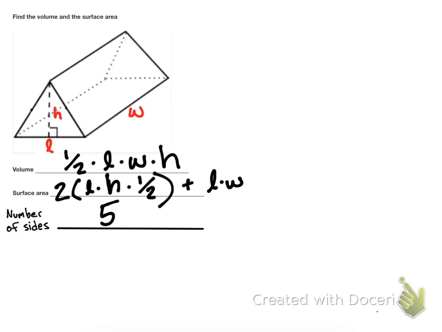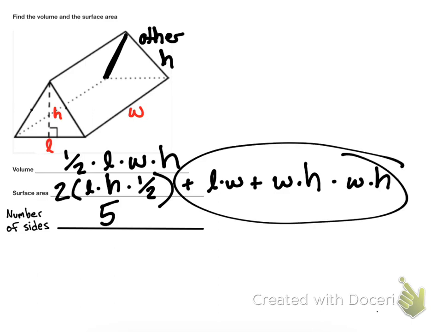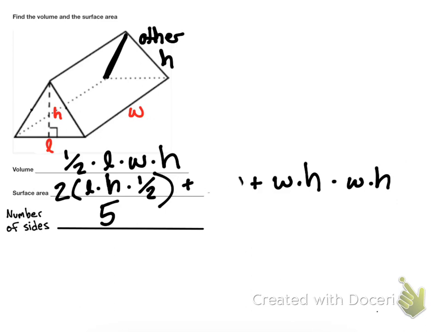No, so we don't need any more triangles. There's no more triangles. So we've got our length times width. Excellent. What else do we have? Length times height. Perfect. So we already did our length times height. I meant width times height. I forgot to put it there, but yes, it's there. Plus width times height. That's our other height. And here's our other height again. Width times height. Typically, those are going to be identical.